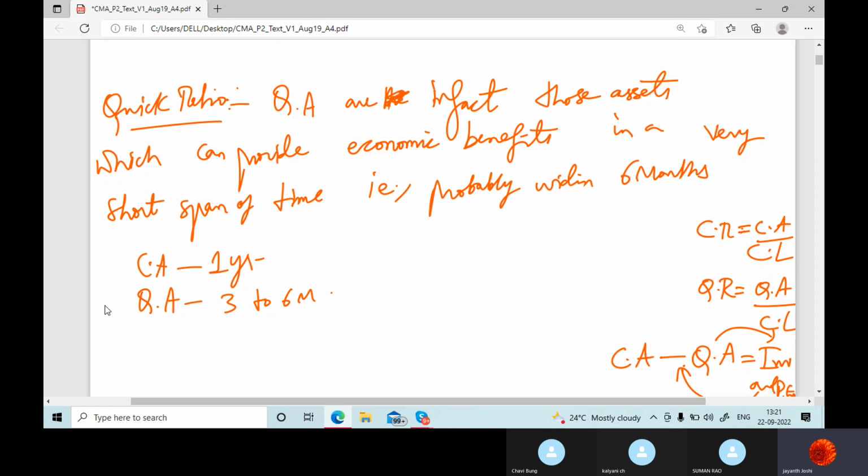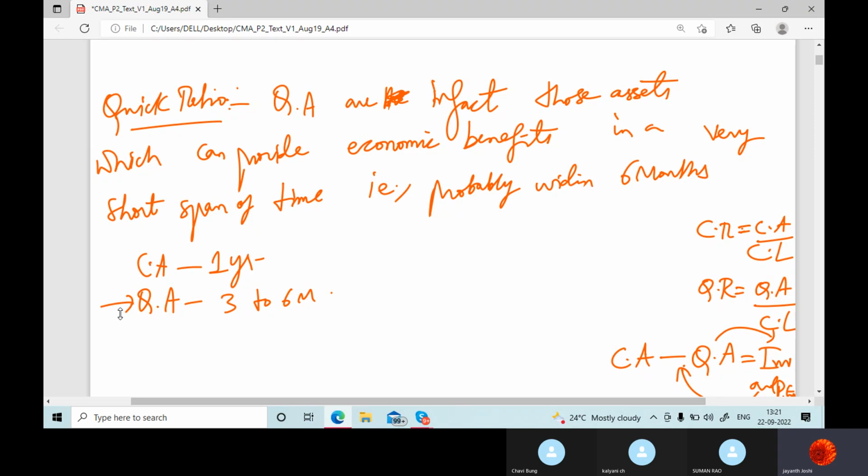That means this can provide economic benefits in even less duration than current assets. If current assets would take 1 year or more than 6 months to give you economic benefits, quick assets can give you the economic benefits in an even shorter duration.